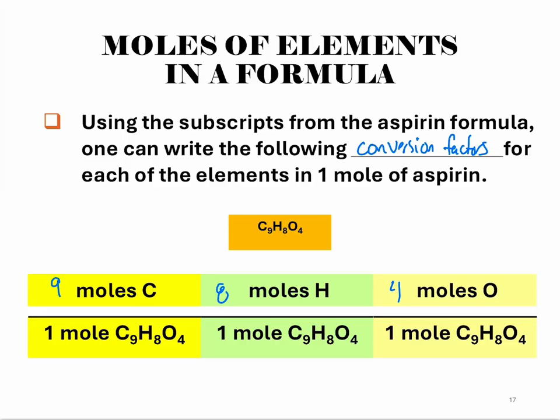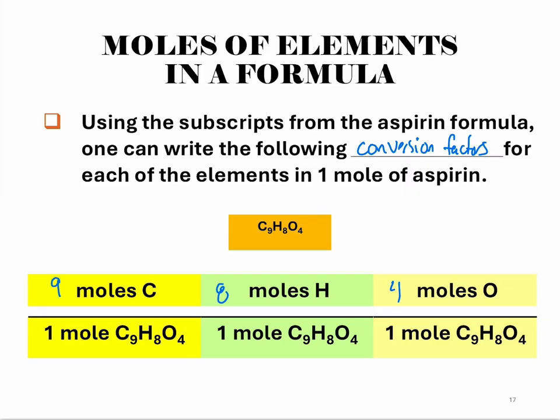So this is exactly what we wrote on the previous slide, except now we're looking at it in terms of a conversion factor. Which means if I measure the mass of aspirin, I convert that to moles of aspirin. Now I can use this to go between moles of aspirin and moles of oxygen, and then I could get the mass contribution of oxygen to the total mass of all the aspirin that I have there.